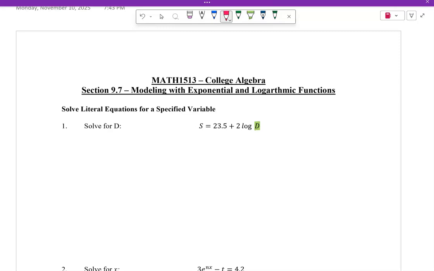The first thing we would need to do, and hopefully you said it, is subtract 23.5. So we're going to have whatever S is minus 23.5, and that cancels, equals 2 log D. Okay, so remember, we're working our way to that D. How is the 2 attached to that log?